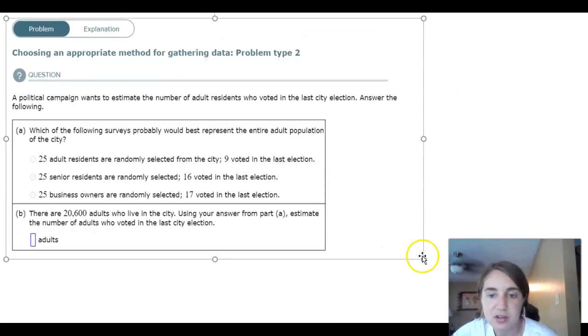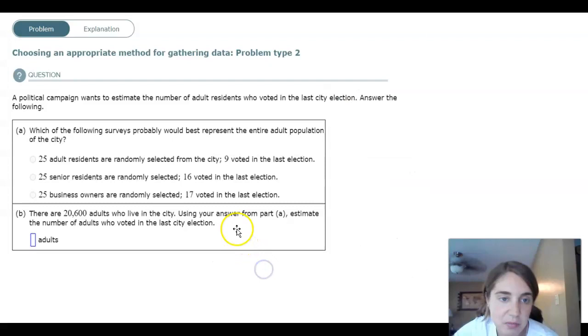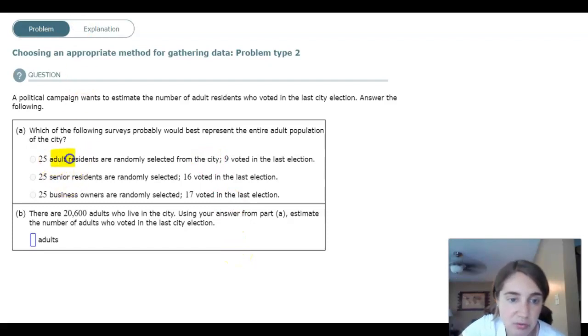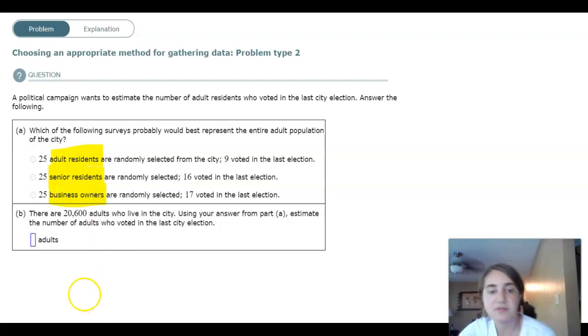So this is asking: a political campaign wants to estimate the number of adult residents who voted in the last election. Which of the following surveys would best represent the entire adult population? These are adult residents, senior residents, business owners.